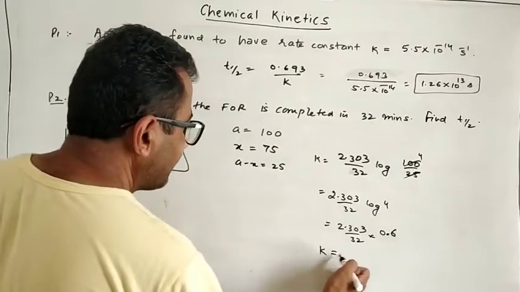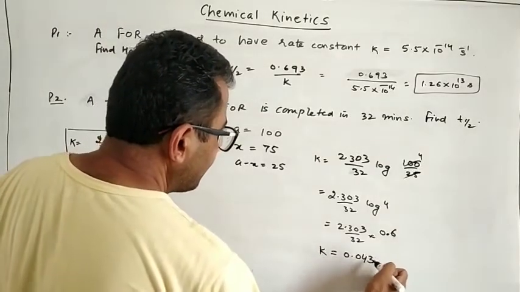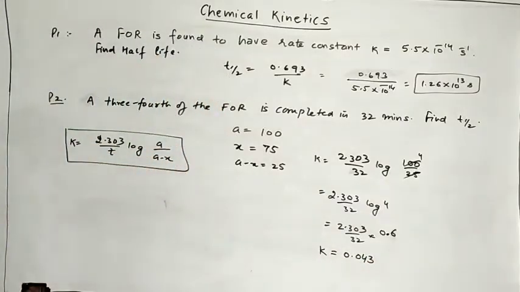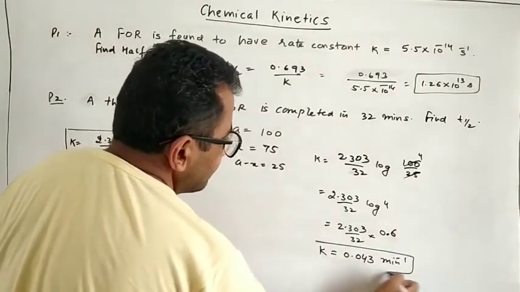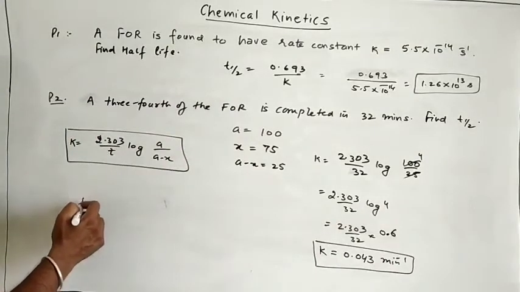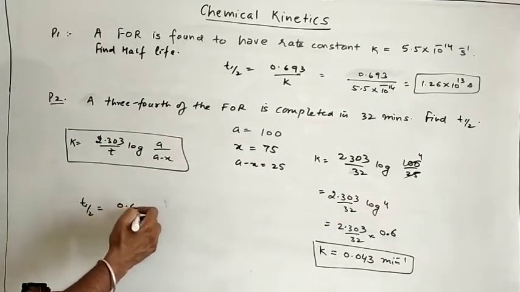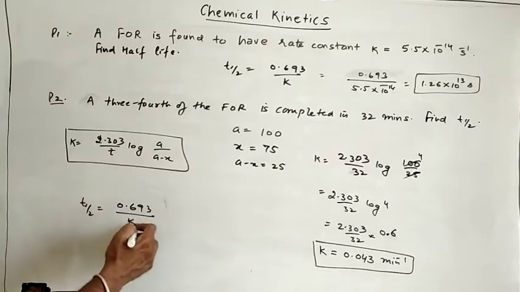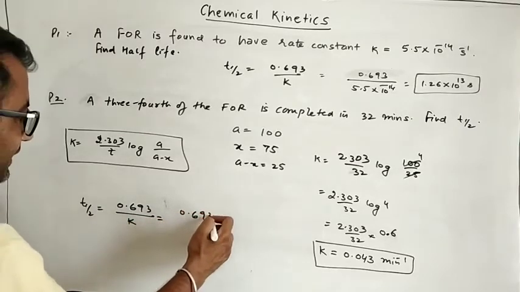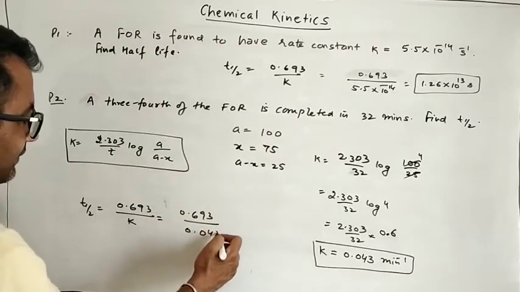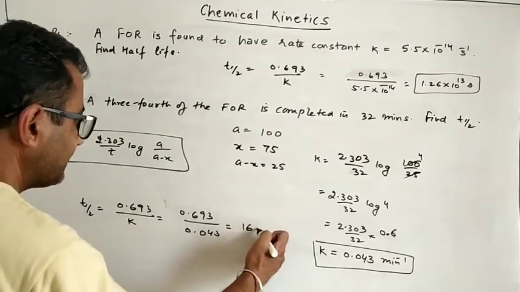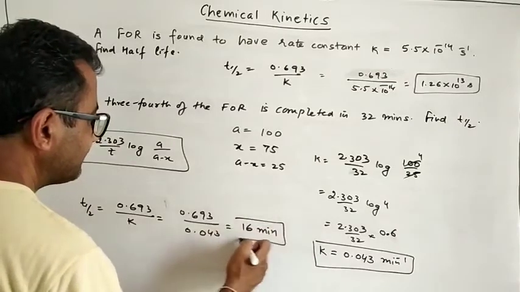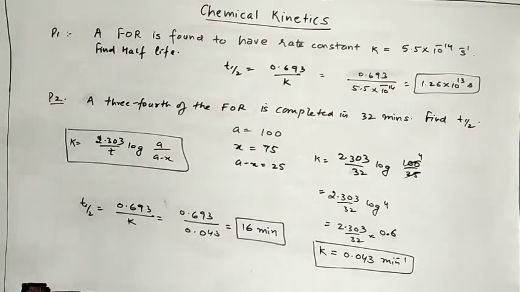So your K comes out to be 0.043 per minute. Now we have to find the half-life period. Half-life is 0.693 by K. With K as 0.043, the half-life comes out to be about 16 minutes. In this way you can calculate the problems.